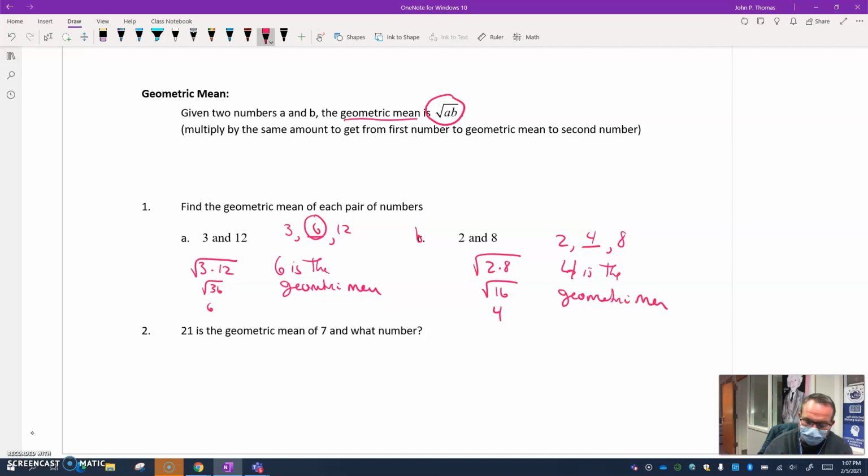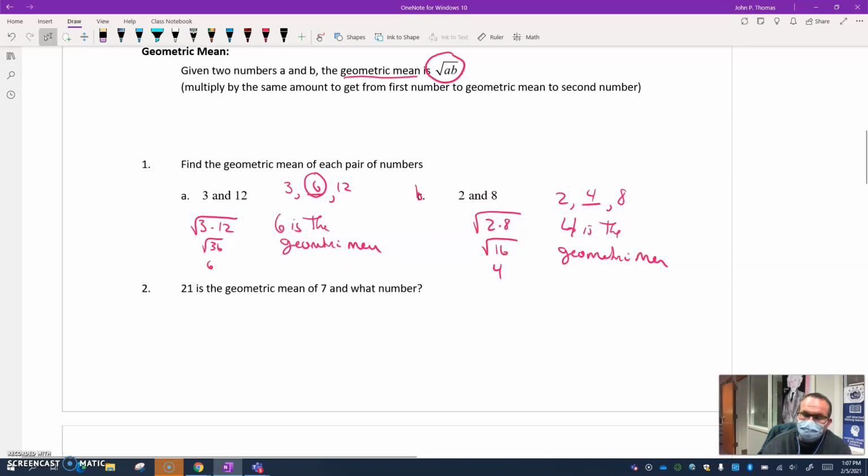All right, now, occasionally they'll switch up this question and they'll say, hey, I know the geometric mean, find me the other number. So in this one it says 21 is the geometric mean of 7 and what number? So the what number I'm going to think of as an x. So 21 equals the geometric mean, so square root of two things multiplied together, of 7 and some other number x.